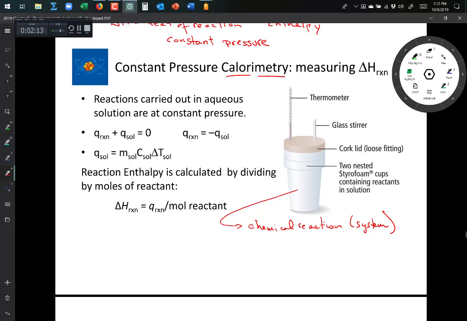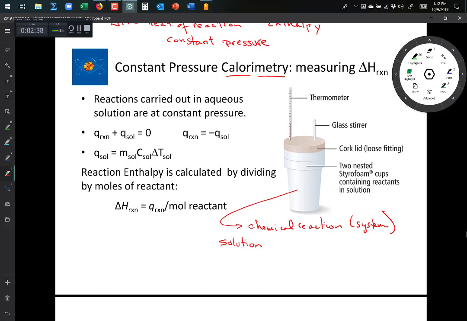In that case, the system was the piece of metal. Well, we're going to have a chemical reaction in our system. The other part of this system and surroundings is going to be the water in the calorimeter, or the solution. So a chemical reaction, and then we have the solution that the reaction takes place in.